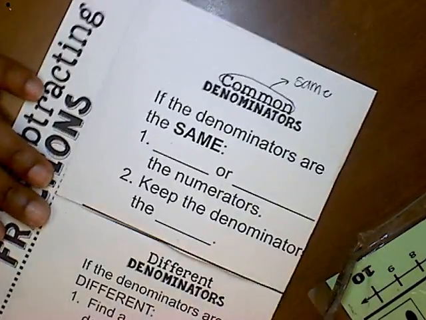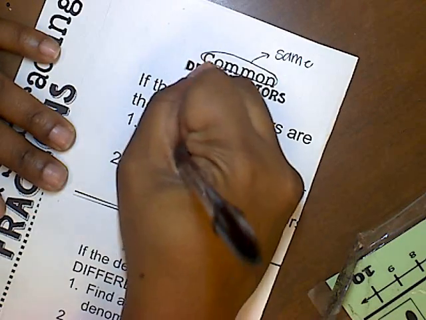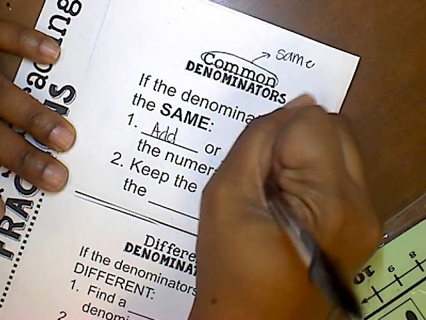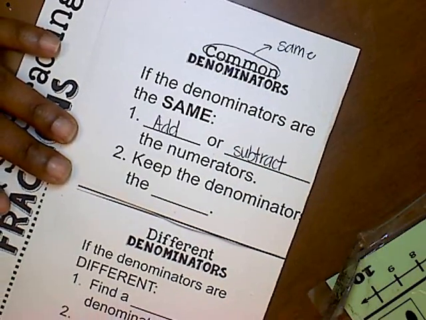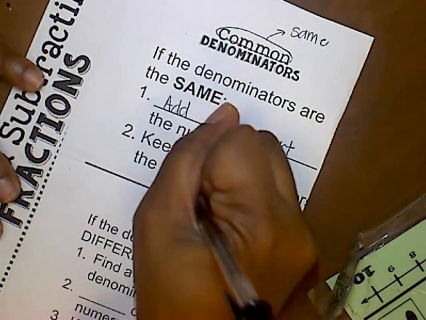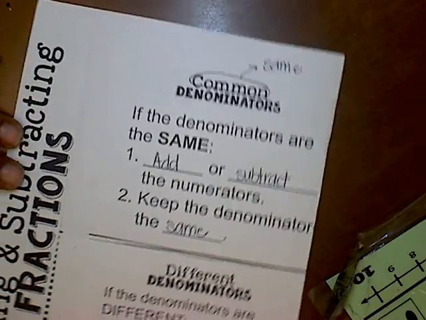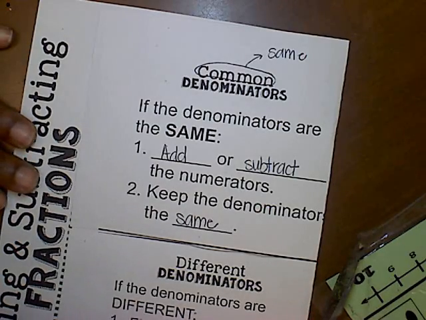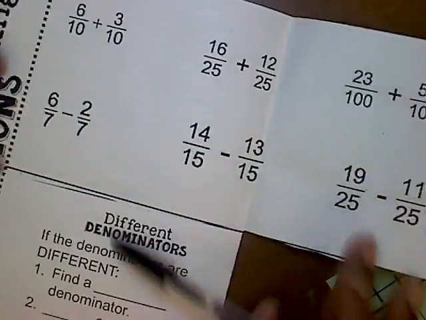So if the denominators are the same, we're going to add or subtract the numerators, and then we're going to keep the denominators the same. So again, if we have matching denominators, we keep them the same and just add or subtract the top. So we're going to practice that.